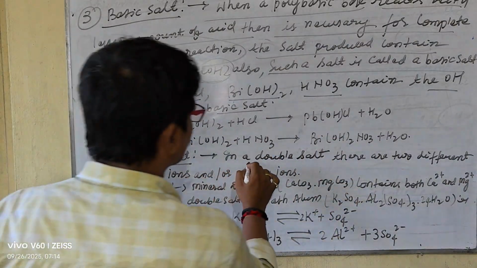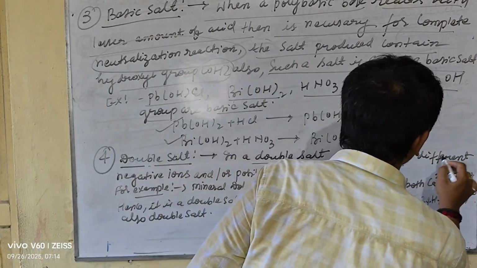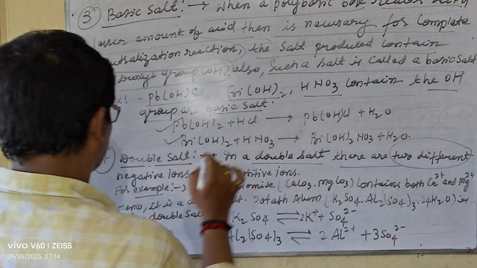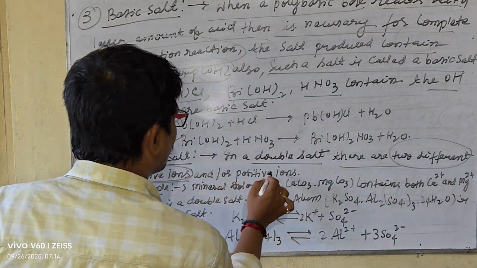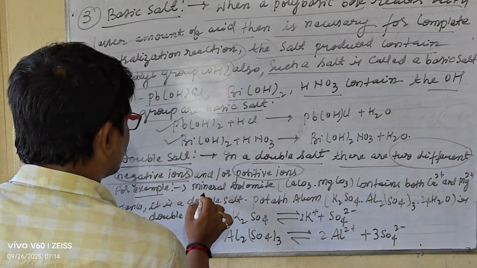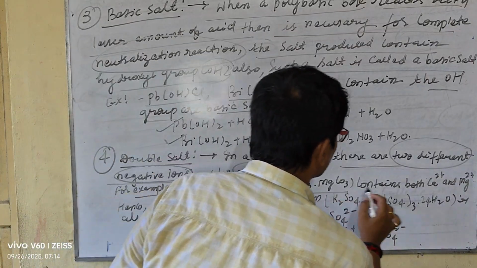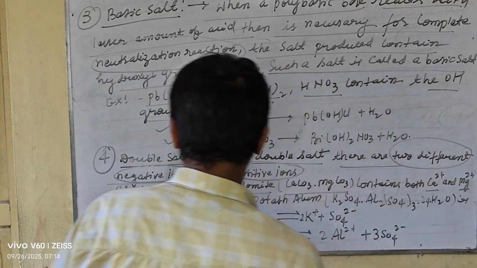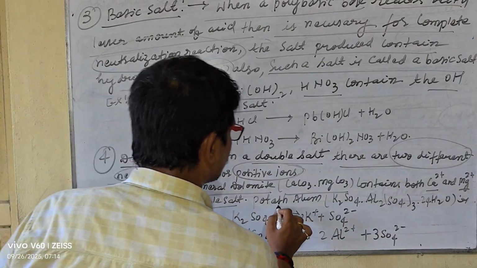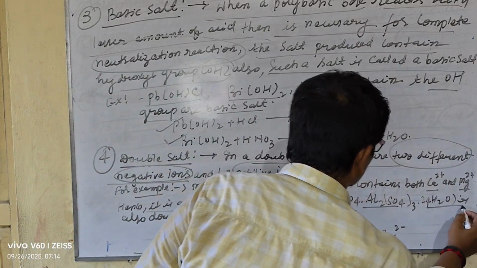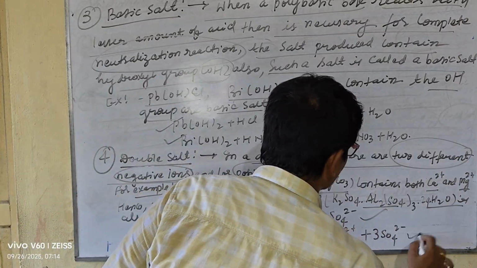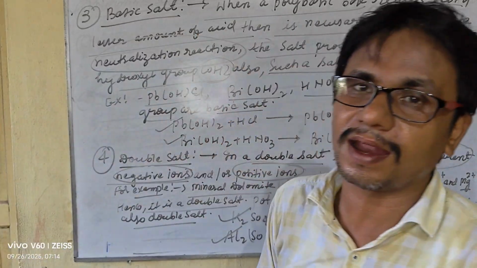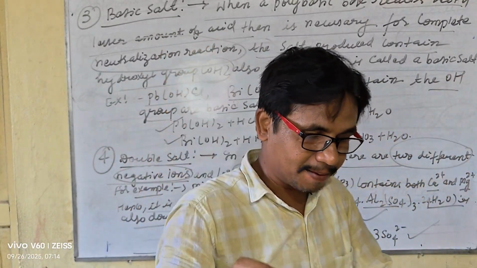So in a double salt there are two different negative ions and or positive ions. Mineral dolomite CaCO3 MgCO3 is a double salt. Potash alum K2SO4 Al2(SO4)3 24H2O is a double salt. So my dear students, it is going to be quite clear.